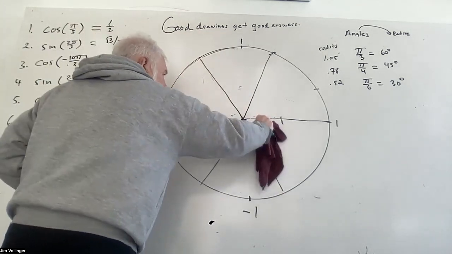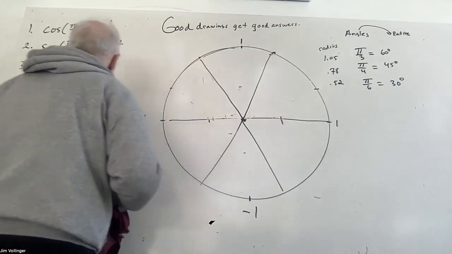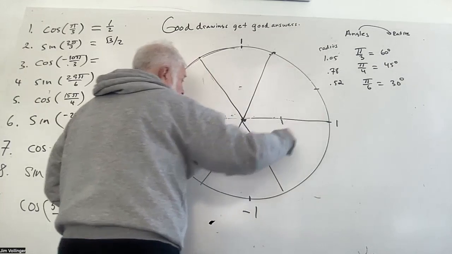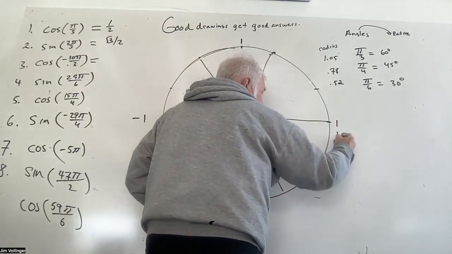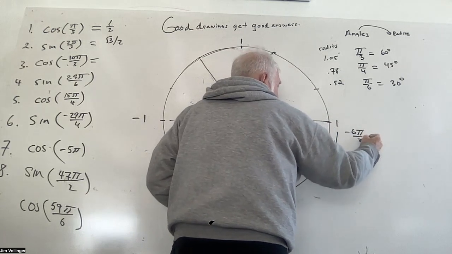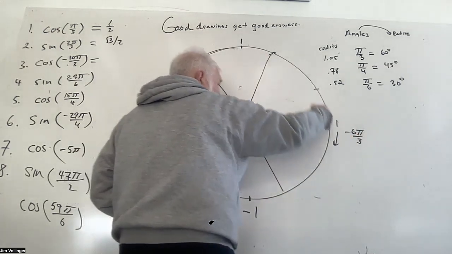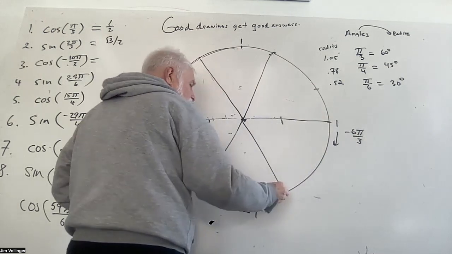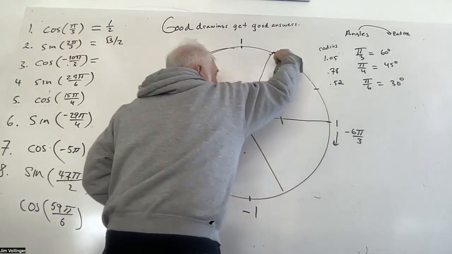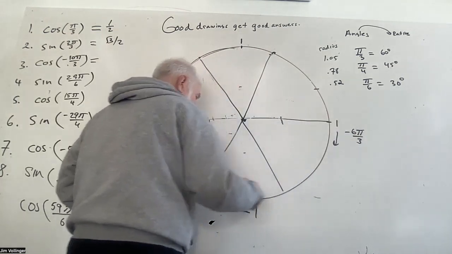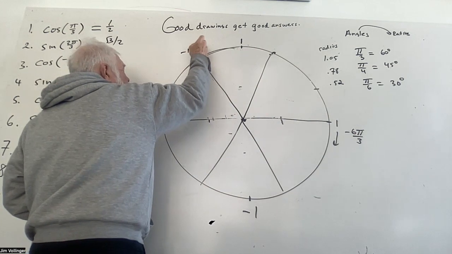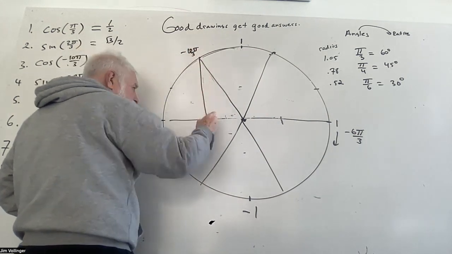I'm going back 10, which means pretty soon you're going to go back in this direction, minus 6 pi/3, so that's -2 pi. I'll count them for you: -1, -2, -3, -4, -5, -6, -7, -8, -9, -10 pi/3 is a triangle drawn right there.